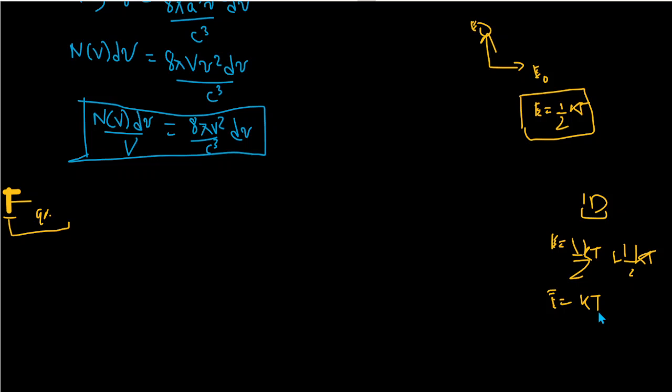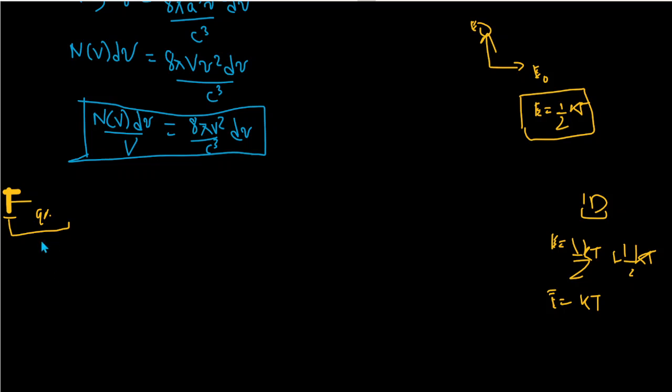So what we have done is find the number of standing waves in the frequency range dν per unit volume, which is 8π ν² divided by c³ into dν. Now we are going to find the energy density. So how can we find the energy density?